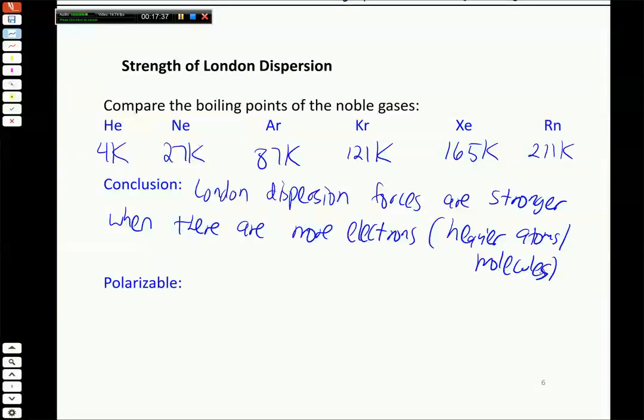And the reason for this is what's referred to as polarizability. When we talk about polarizability, it's the ability of these electrons to distort, and we said that that's responsible for the instantaneous dipoles that we attribute to these London dispersion forces. So polarizability is the ability of an electron cloud to distort.